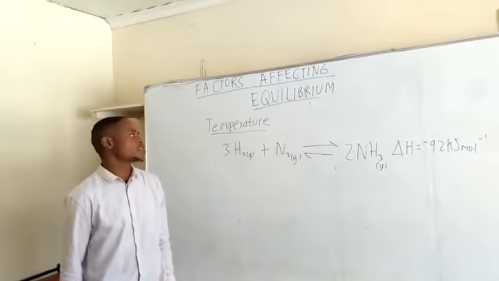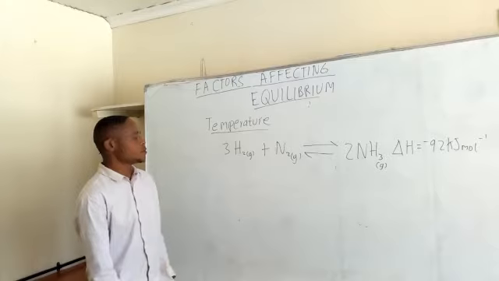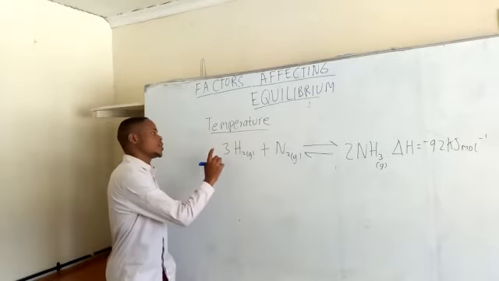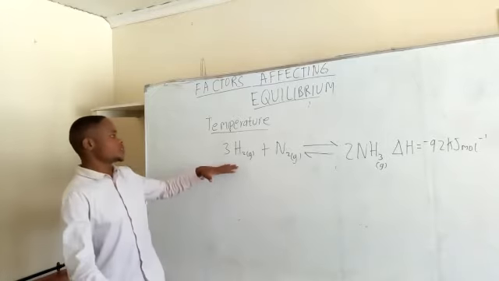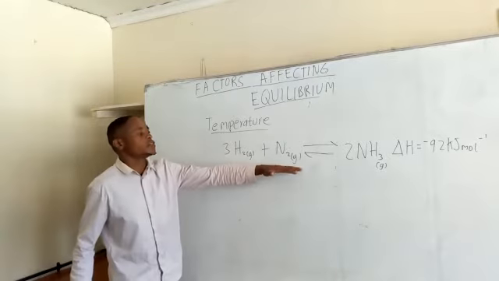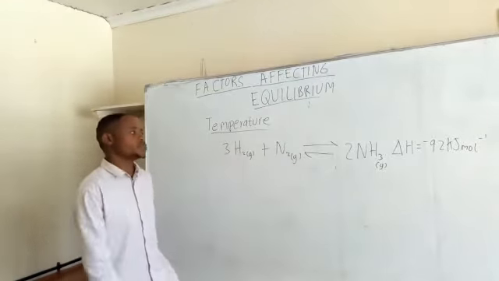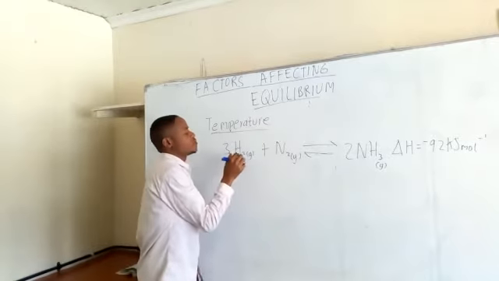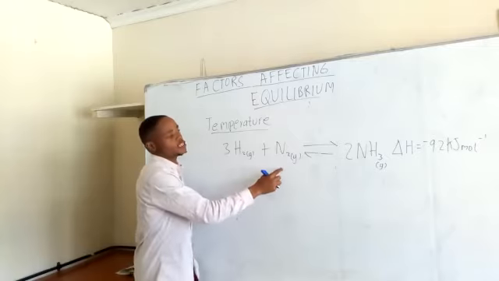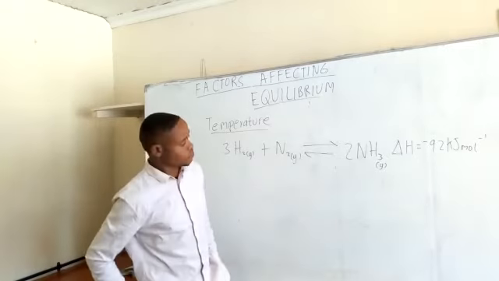So our next factor is temperature, and I want us to consider this common equation. This is an equation famously that we learned about. It is a process combining hydrogen gas with nitrogen gas to give us ammonia.